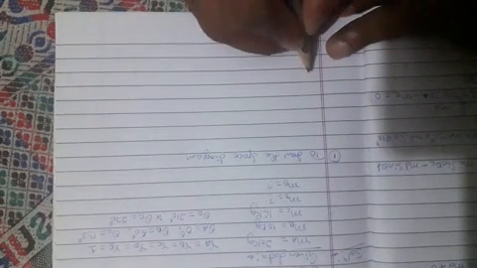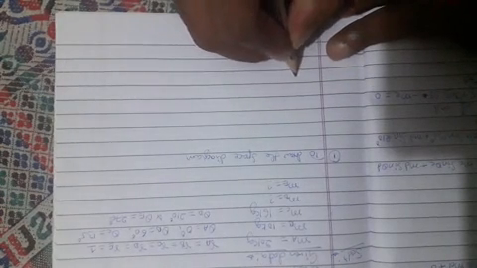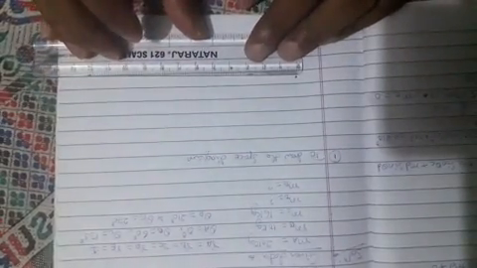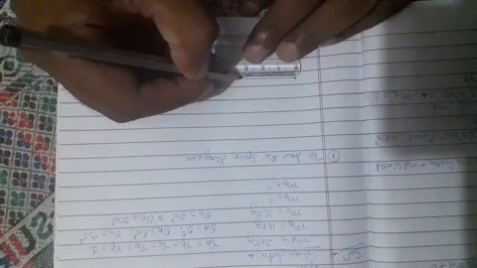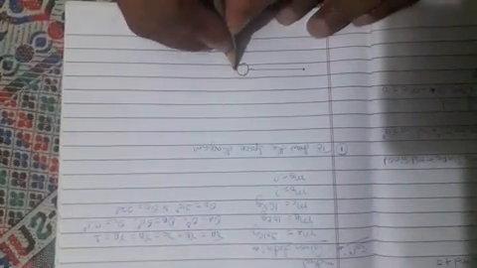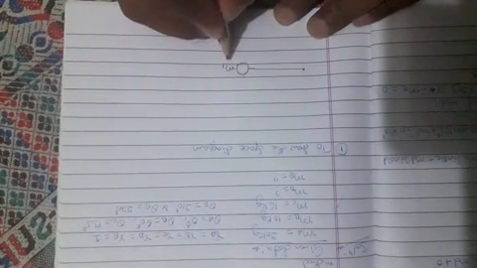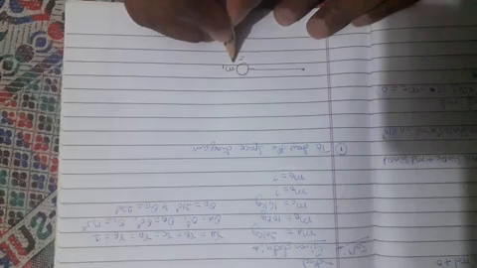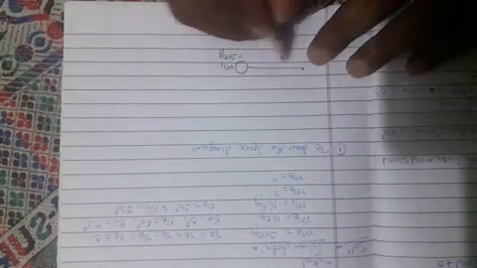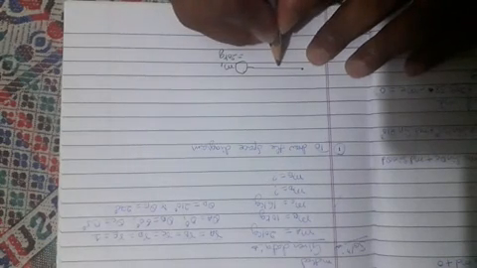Here I am going to make one simple point and draw a horizontal line at some distance. So this is the mass M1, that is equal to 20 kg. This is the radius RA.